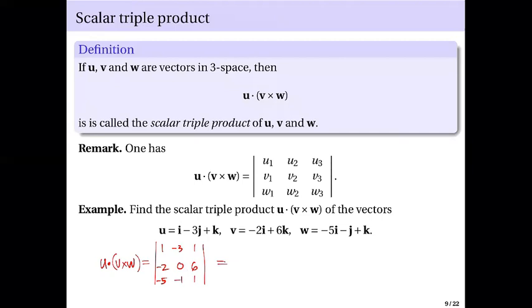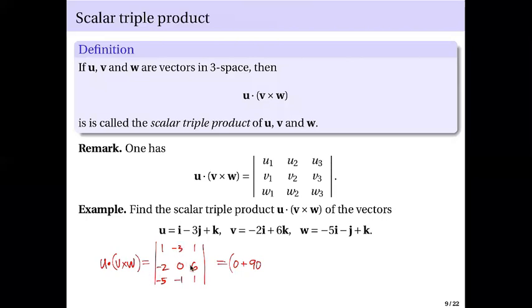The determinant will be 1 times 0 times 1, that's just 0, plus negative 3 times 6 times negative 5. If you write your first column here, the one at the bottom will be negative 5. So negative 3 times 6 times negative 5, this is positive 90.